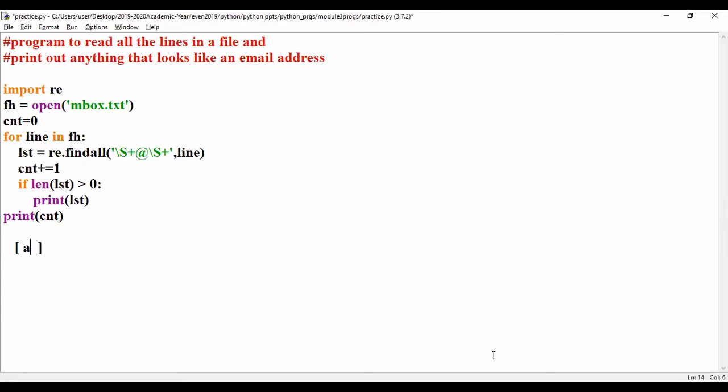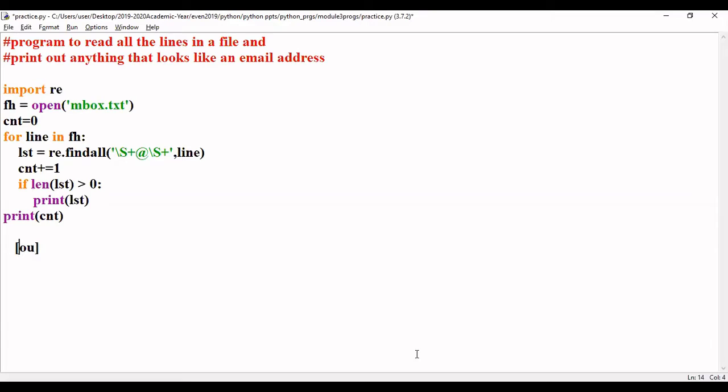Say for example, if I say AEIOU in a square bracket, that means we should match any of these characters. It could be A or E or I or O or U. Any one of these characters should be matched in the pattern.